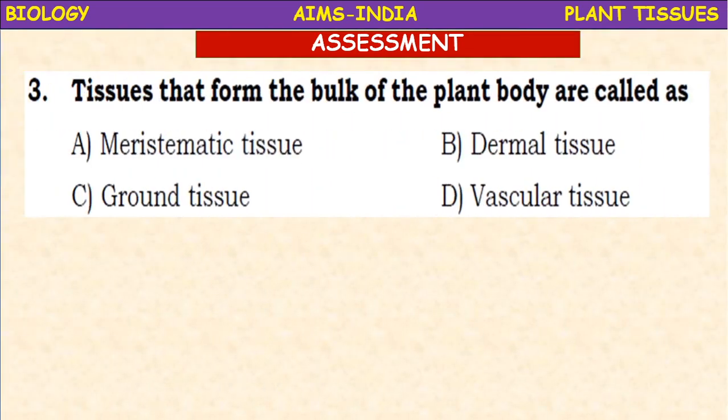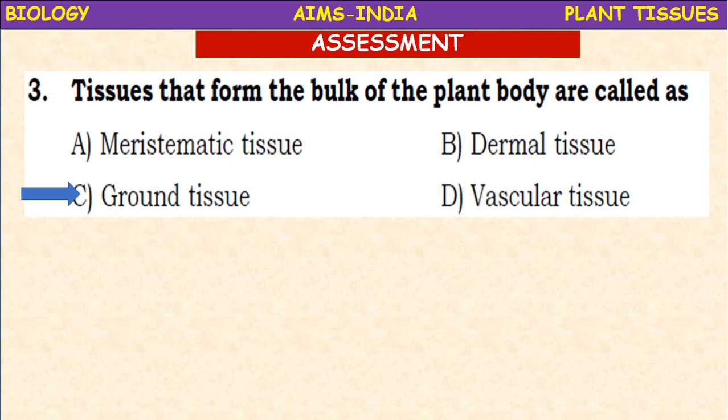Next, the tissue that forms the bulk of the plant body is called ground tissue. That is only parenchyma, collenchyma and sclerenchyma.